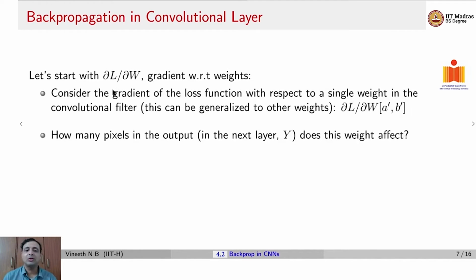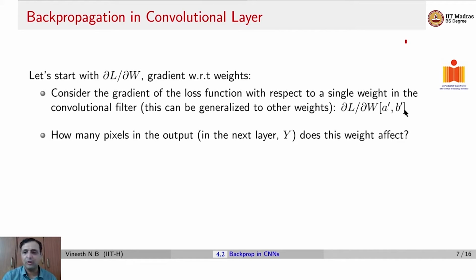Let's start with ∂L/∂W, the gradient with respect to the weights in the filter. To do this, let's consider one particular weight in the convolutional filter. Let's say you have W(a', b') as one location on your filter.